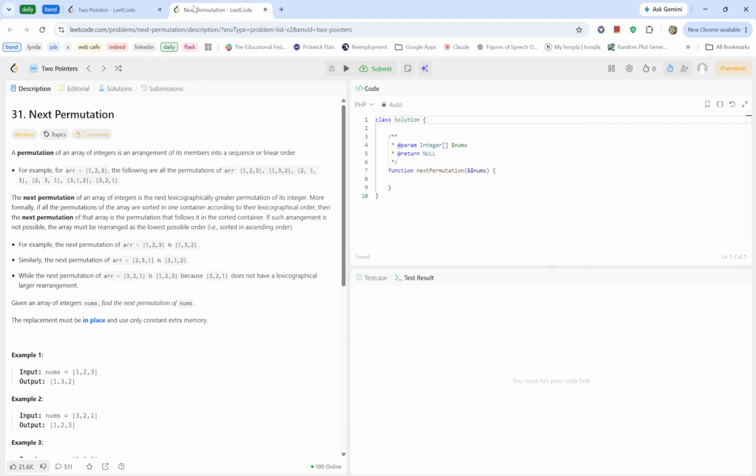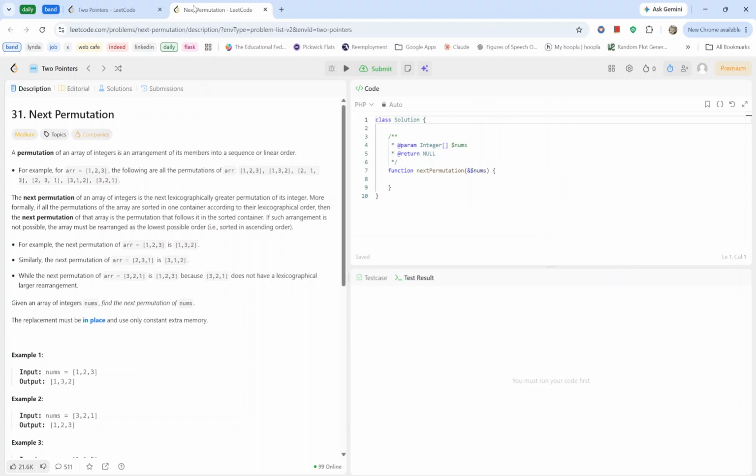Maybe there'll be three pointers or four pointers, and then you will use for loops or while loops to move them and then you'll check certain conditions. There's a lot of similarity between sliding window and two pointers.